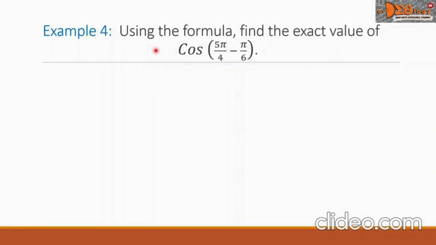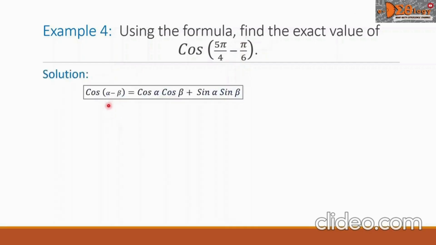Example 4. Using the formula, find the exact value of cosine of the quantity 5 pi over 4 minus pi over 6. This is our formula for the cosine of two angles, that is alpha minus beta. We write the cosine of the difference of two angles here.